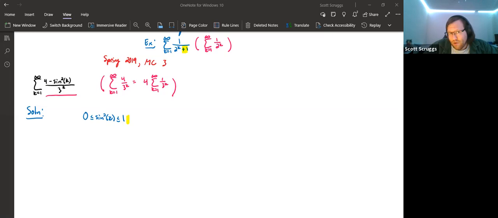So I'm going to start with that inequality, and I'm going to look at that series and say, okay, I want to eventually get a 4 minus sine squared of k over 3 to the k power over there. That's going to be my goal now. First thing I'm noticing is that in front of the sine squared that I know the inequality for, I have a minus sign up front, which tells me that the first thing I need to do is to multiply everything by -1.